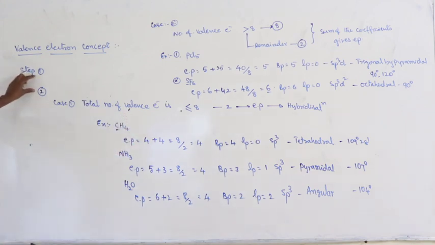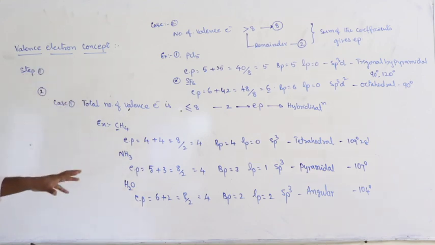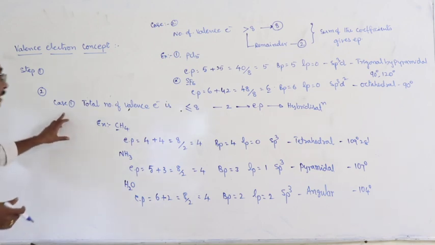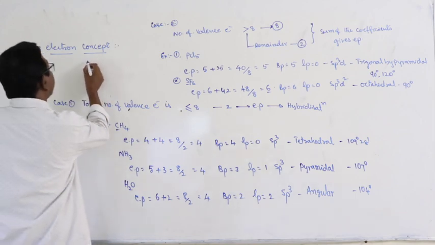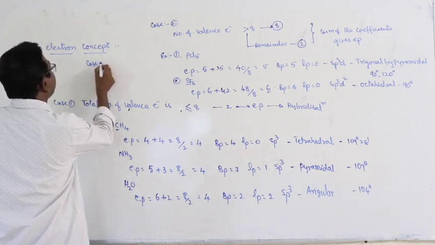But here how many steps are involved? 2 steps. What are they? In the first step we have to add all the valence electrons present in the molecule. In the second step, case 1, case 2, and another case is also there, case 3.